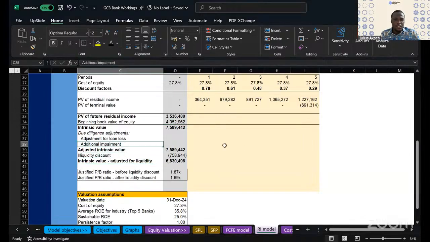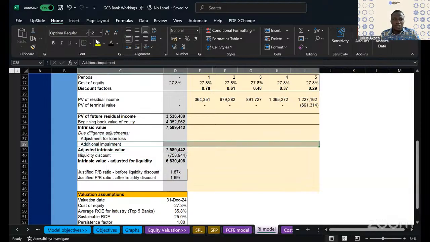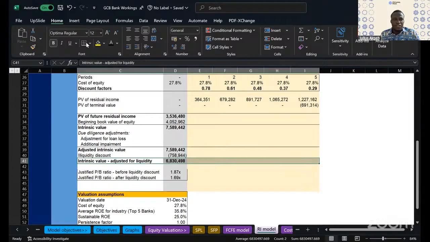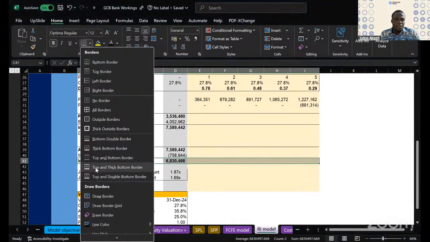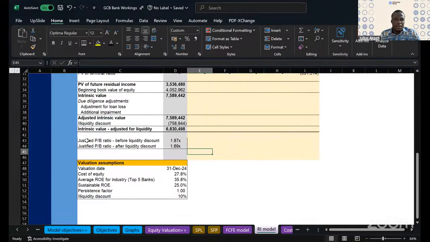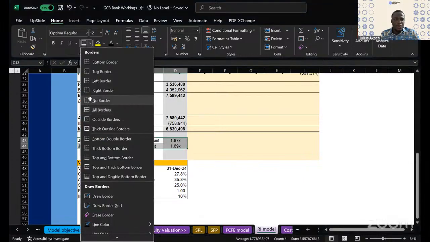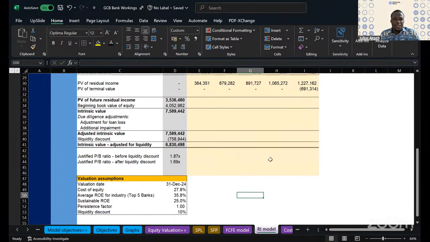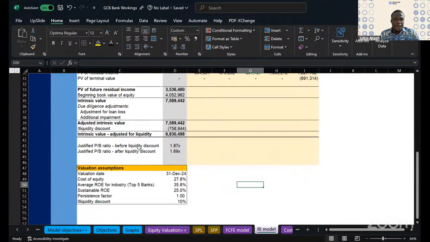After due diligence adjustment, we have liquidity discounting. Then the final one, we have the estimated value. Something like this. And then we have the justified book values and so on. All the other adjustments start from here, and we have this justified start.